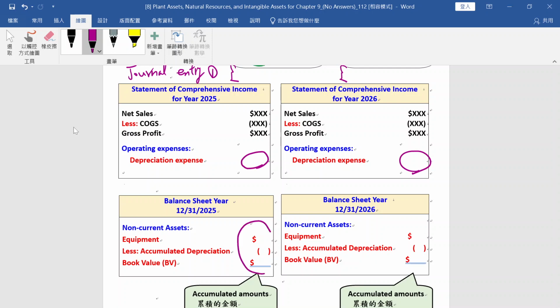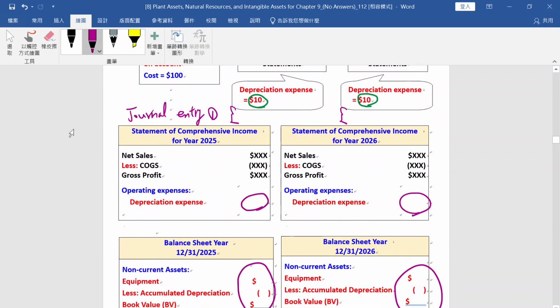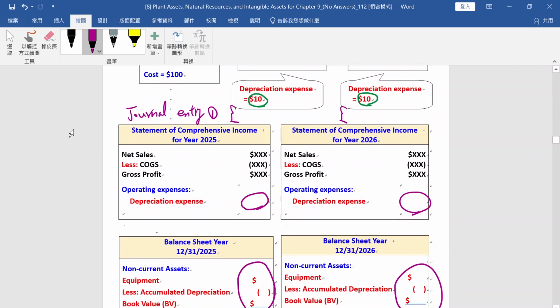So please give me the numbers for each year. Okay? After that, let me check. You can go home. I want the journal entry for each year, and report all the numbers on the balance sheet and statement of comprehensive income for each year. Let me check. You can go home.